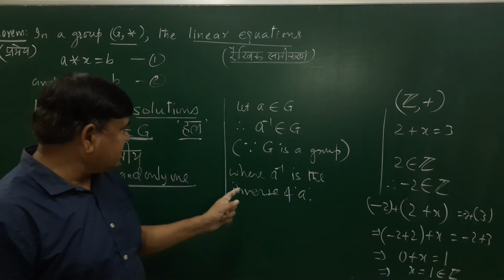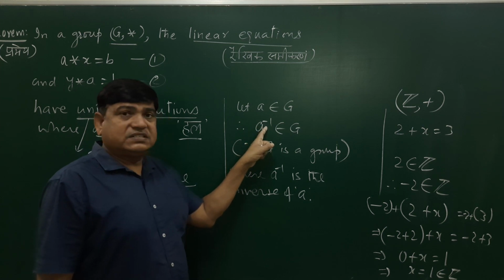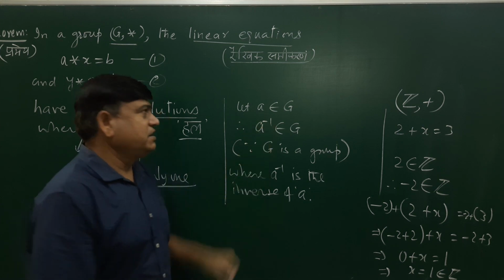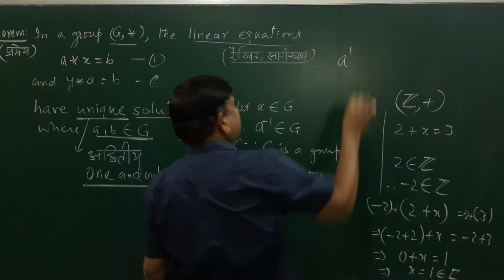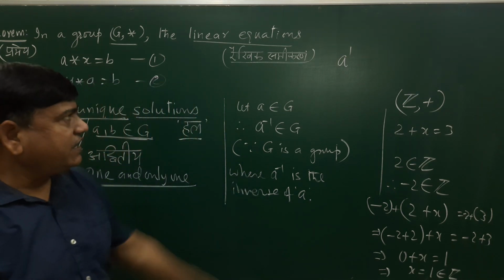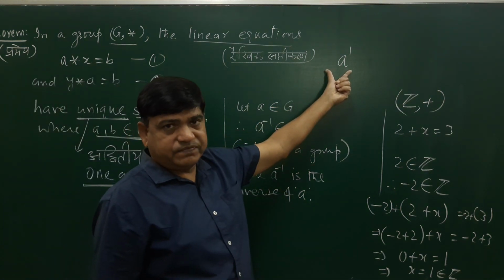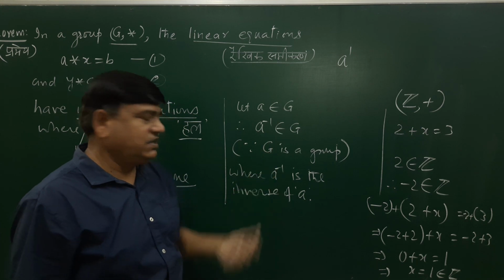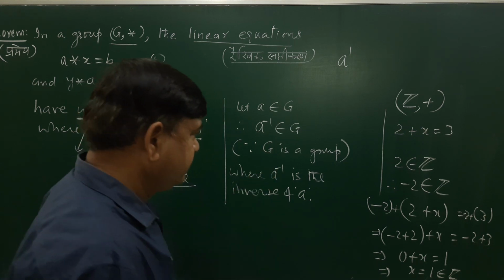It is not necessary that you denote this inverse of A by this symbol. You can denote it by like this, A dash. A dash is the inverse of this one, A. So here it is that. Okay.